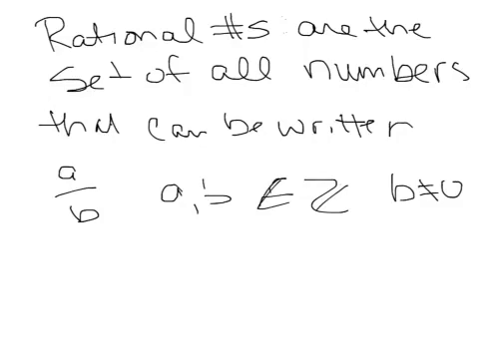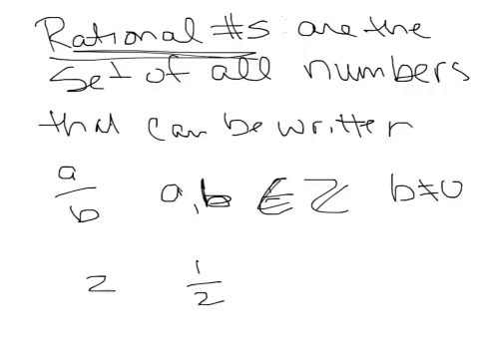You have 0 in the denominator. Okay? So really rational numbers are fractions, or anything that can be written as a fraction. So it's your 2, your 1/2, your 0.5, because 0.5 can be written as a fraction. Okay, all those things are examples of rational numbers.